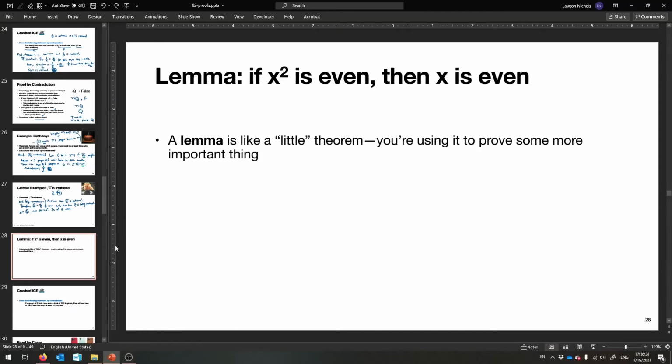So let's prove this quickly by contrapositive, so not this implies not that. So proof by contrapositive.